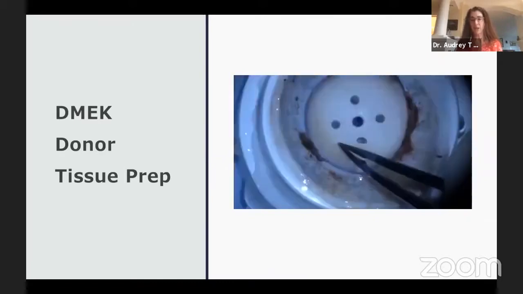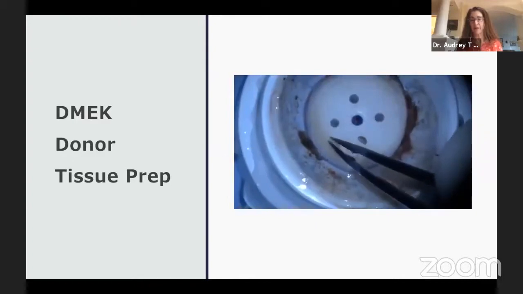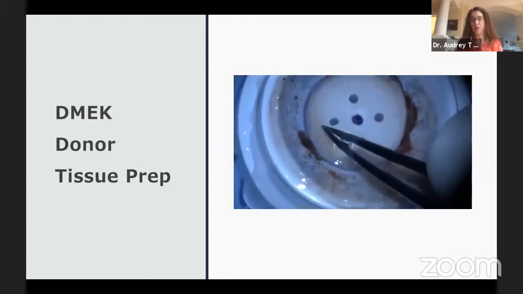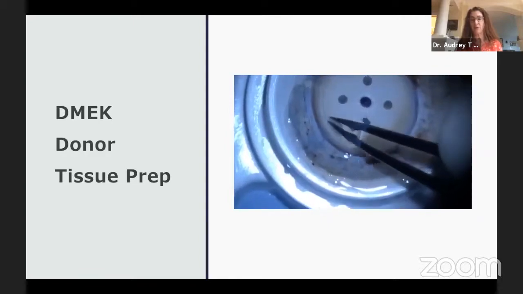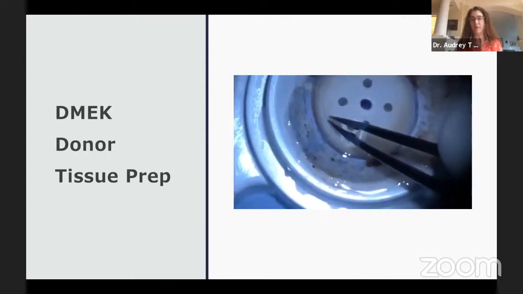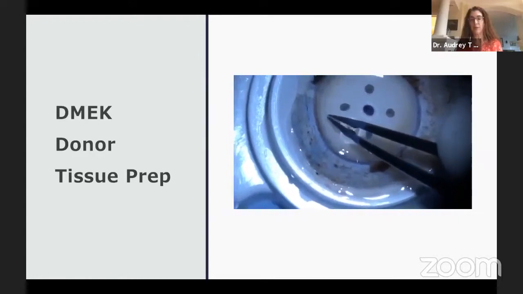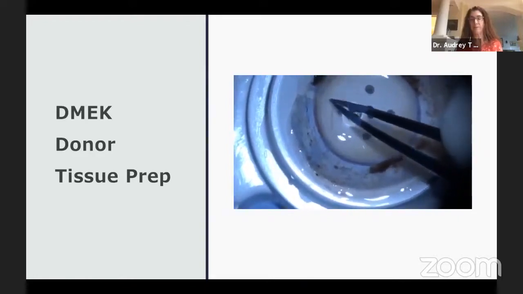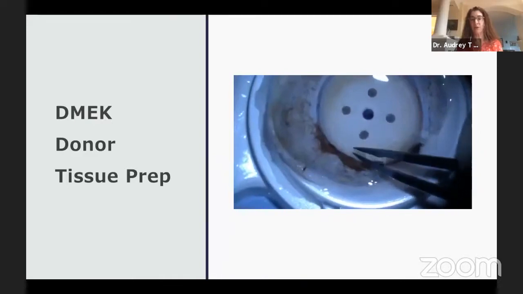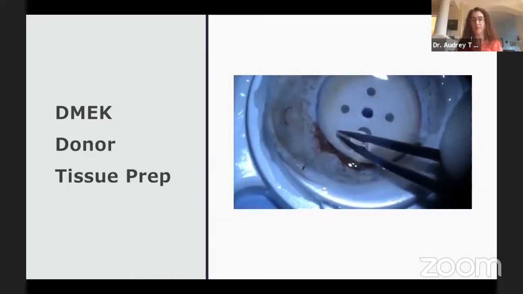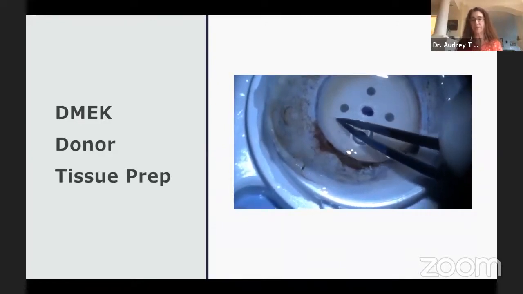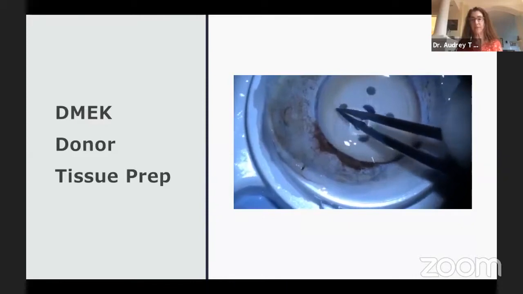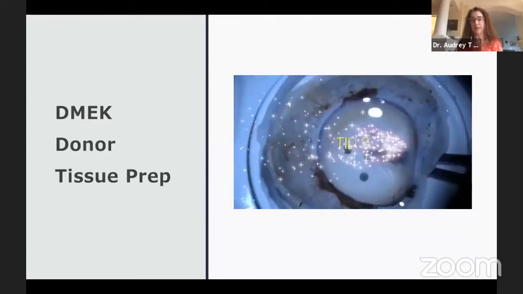So just the gentle lifting there, and then you go around, and then you can turn the apparatus so that you are making that easy for yourself as you are gently lifting all the way around there. And usually you leave one spot, about 1 clock hour, where it's still attached. And again, just lifting very, very gently.